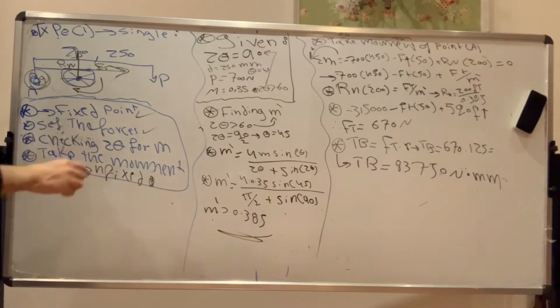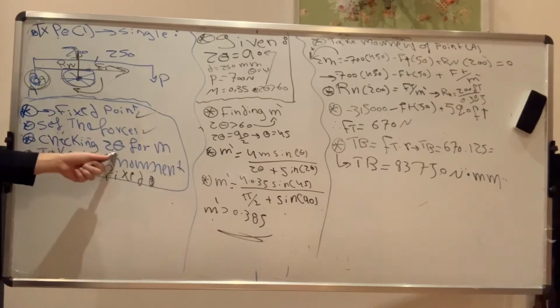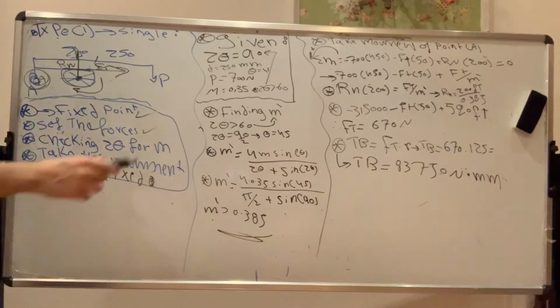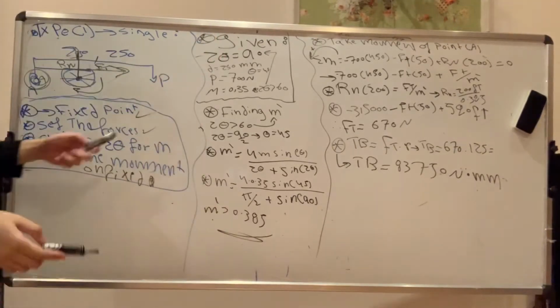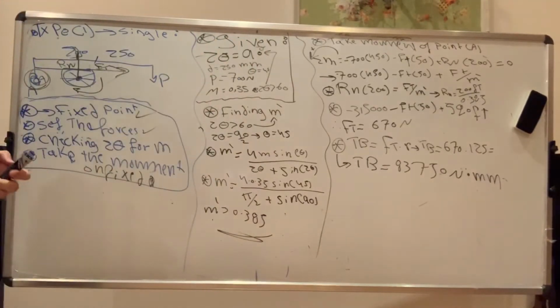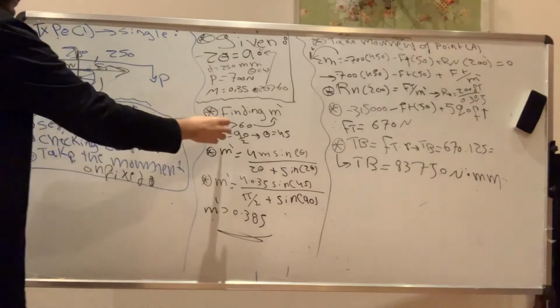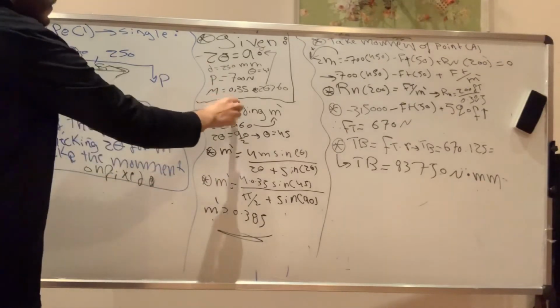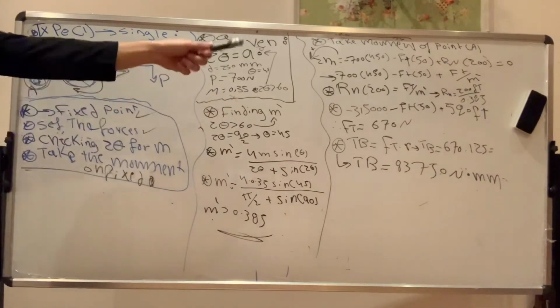Now the third step, checking the r theta for the coefficient of friction. In the given, r theta equals 90 degrees. As I explained before, if r theta is bigger than 60, I can't use the given coefficient of friction in the formula.